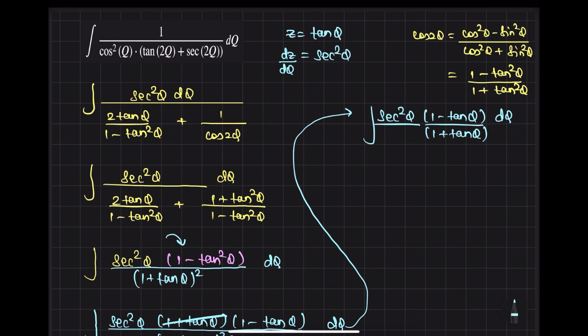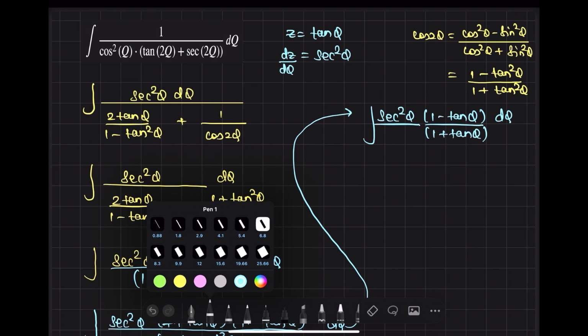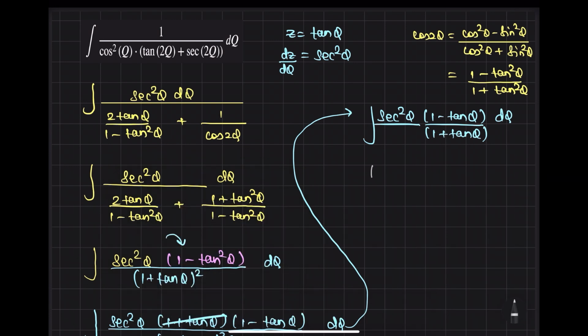Okay, so whenever you are handling trigonometric integration, try to convert your question into tan, take tan as z, then do the differentiation and try to create sec square theta. Okay, your things will be done. Now apply the replacements. So after replacements, you will have 1 minus z upon 1 plus z, and this will become dz. Why? Because d theta and sec square theta will become dz.